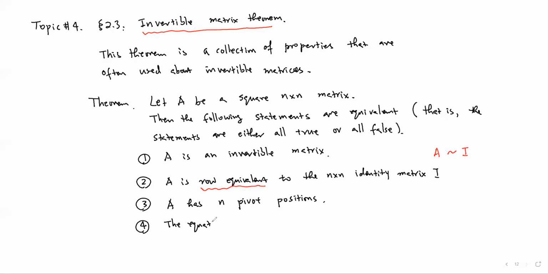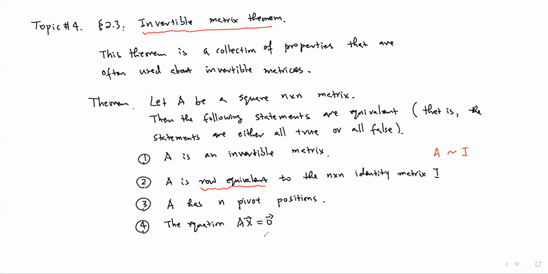Then we have the linear system, the equation AX equals 0. This is a matrix equation, and a matrix equation is a linear system. Now A has n pivot positions, so all the columns are pivot columns. So this linear system has no free variable.